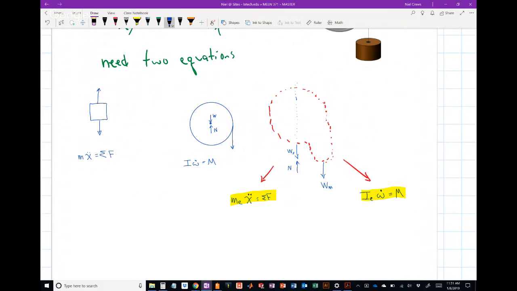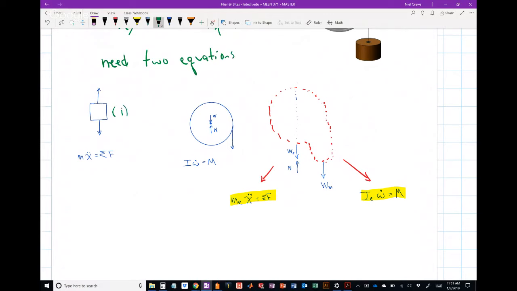So what you need to solve this is to pick one of these two. Here, I'll just do this.